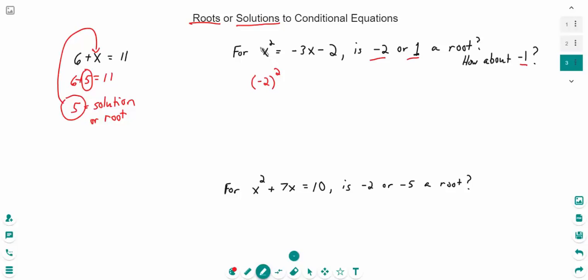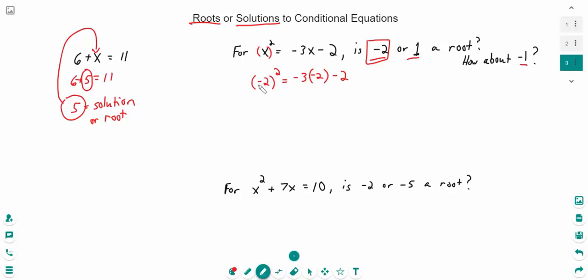So this x, we're going to put a set of parentheses around that x and then put our negative 2 inside. Okay, so we have a negative 2 raised to the second power equals, now we have a negative 3, and then we have another x. So we're going to add another set of parentheses. What is the x? Well, for this first problem, we're going to say it's a negative 2. Okay, and then we have our minus 2.